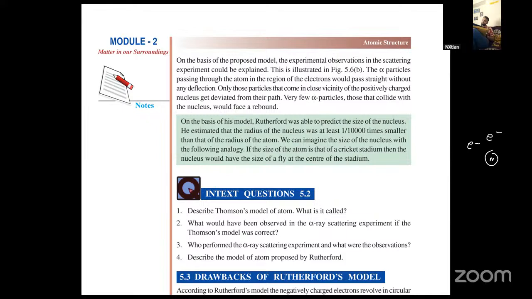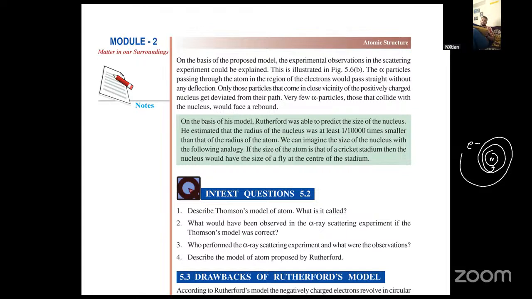So if electrons are revolving around the nucleus, then after 1 year, 2 years, or 5 years, the electron will lose its energy and collide with the nucleus. Then everything, after 5 years, your table will go bomb. After 7 years, your pillow will go bomb. It's not like that, no?